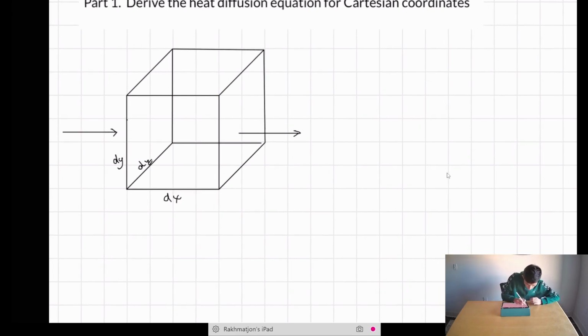So let's say there's going to be heat going in and heat going out of the cube.